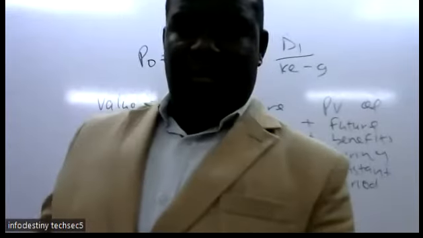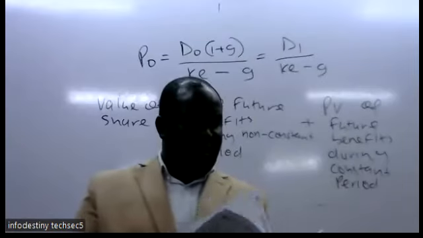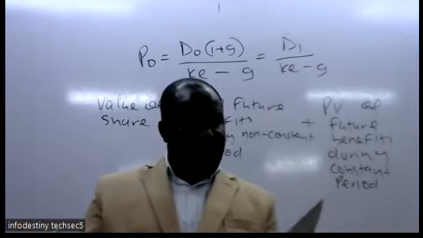So I will go direct to a question on that to see how we can check the growth rate, then also use it to get the value of the firm.